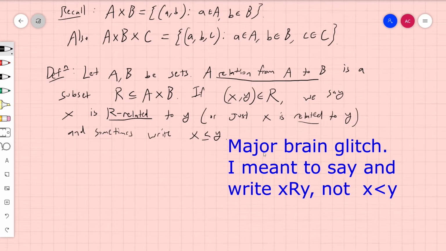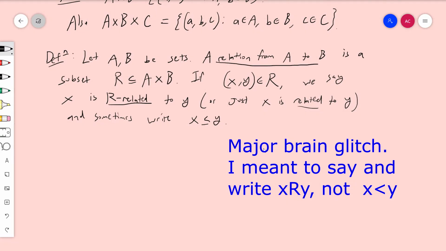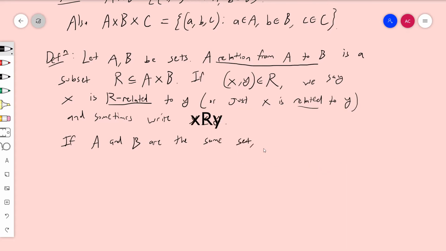So if A and B are the same set, by the way, then really what I have is a relation as a subset of A squared, A cross A. Then I call it a binary relation on A. And that's the reason that this definition of a relation from A to B is not really the complete definition of a relation.